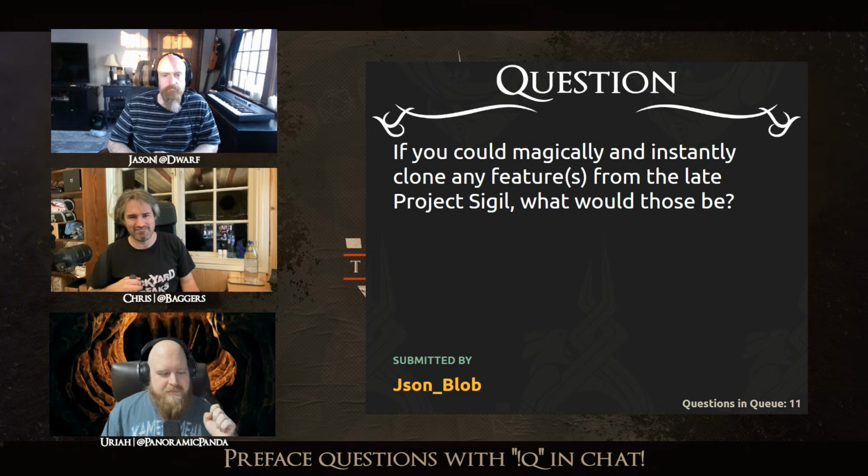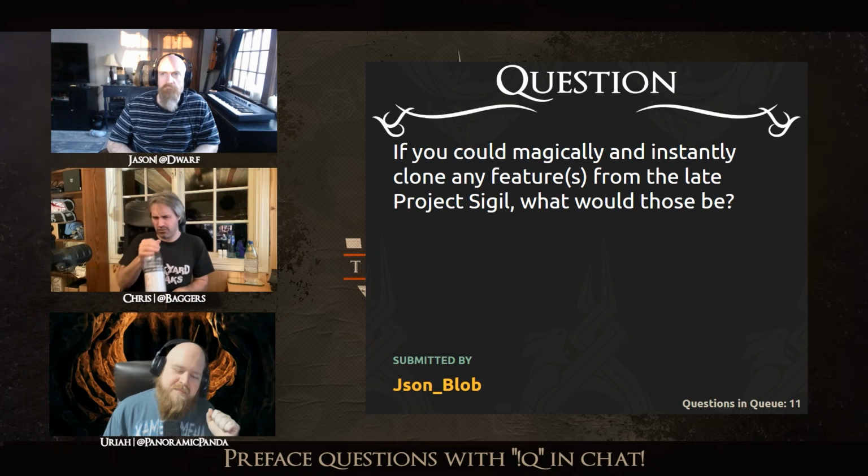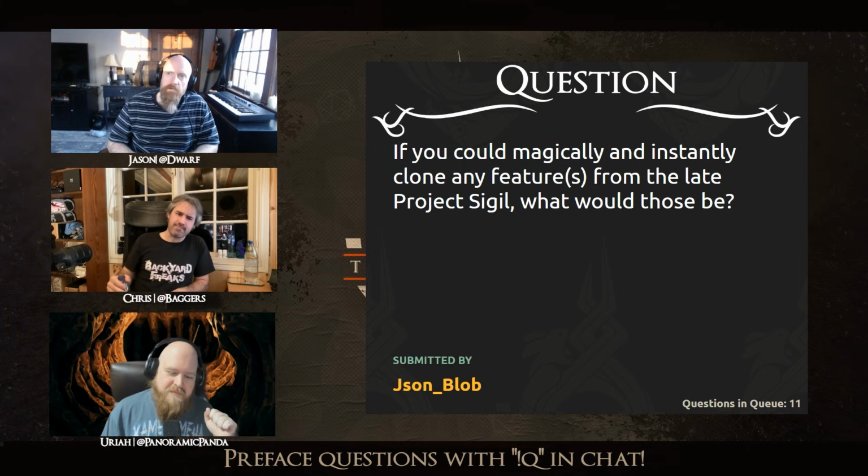Yeah, that would be one. If I could just take that, maybe. But I really liked their area note system. I thought that was really neat. Cool. But yeah, I couldn't think of anything else. You, Chase? Yeah. Let's see.